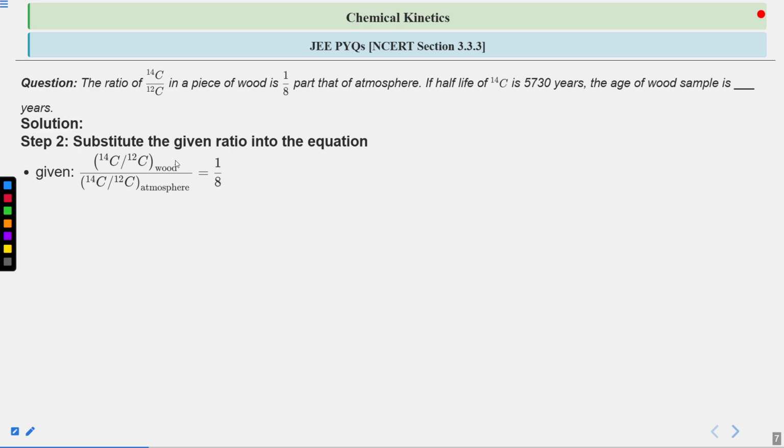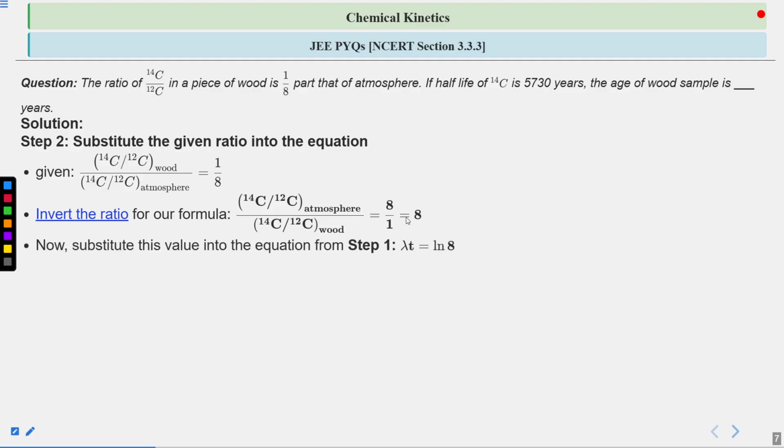So we invert the ratio to put into our formula. When you invert it, it becomes the atmosphere to wood ratio, and on the right hand side it becomes 8 by 1. So this atmosphere by wood ratio equals 8 by 1, which is 8.